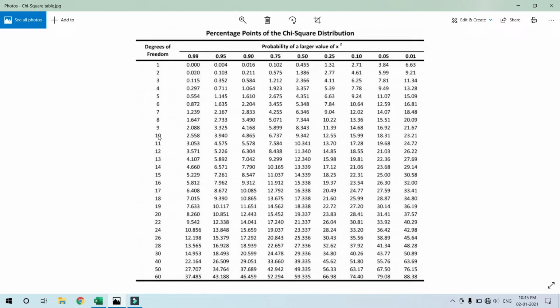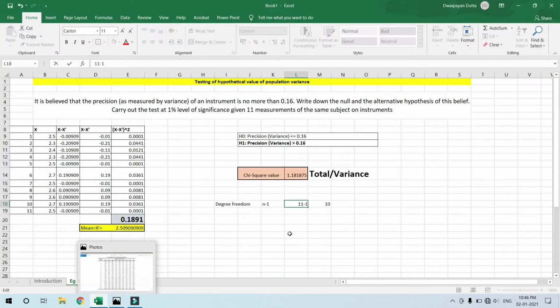See here, 0.1% level of significance, degrees of freedom here 10, and the value is this one, 23.21. And what we are getting here is 1.81.